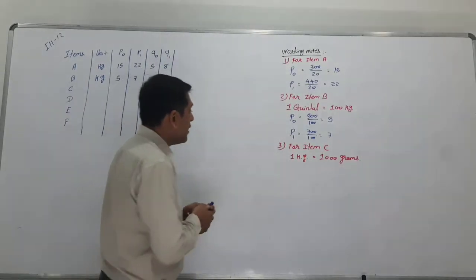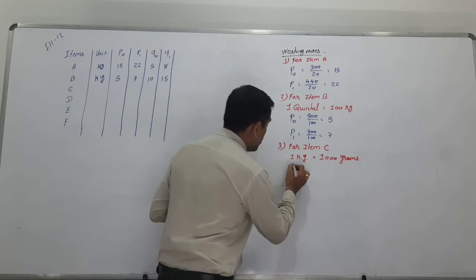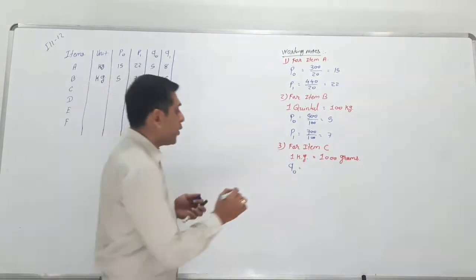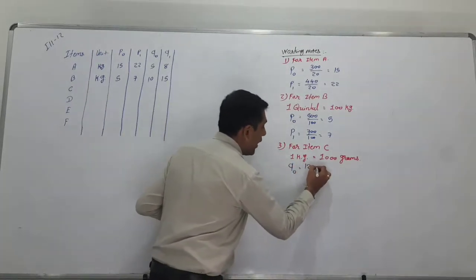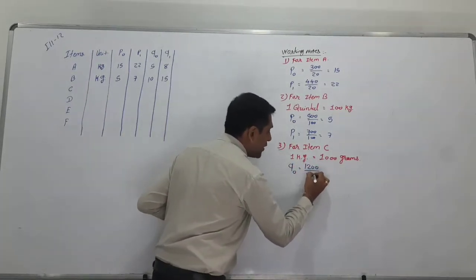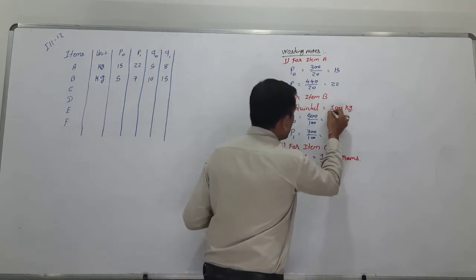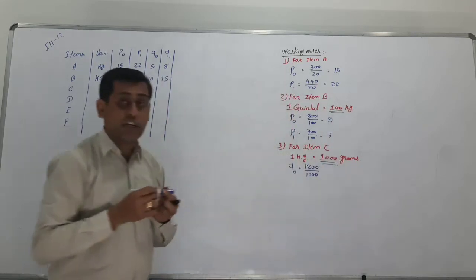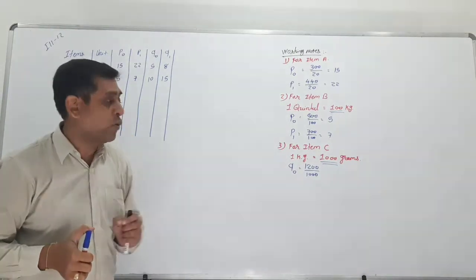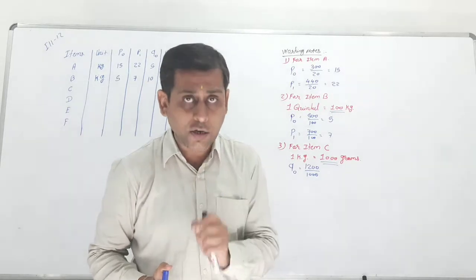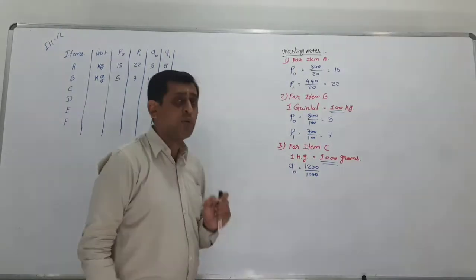How? See, I am writing here. Q0 is equal to what? Here Q0 is equal to 1200 grams divided by 1000. Always, whatever the extra digit is, we have to remove it by dividing with the price or with the quantity, whichever is easy to calculate.